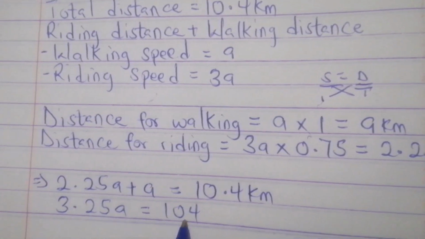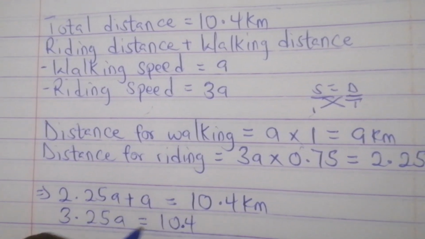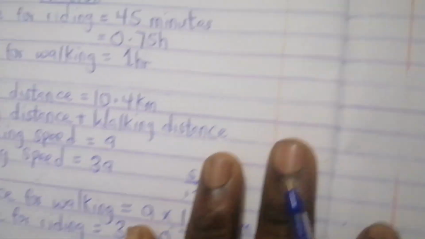So you are going to divide 10.4 by 3.25, and that is going to give us an answer which is equal to 3.2 kilometers per hour.